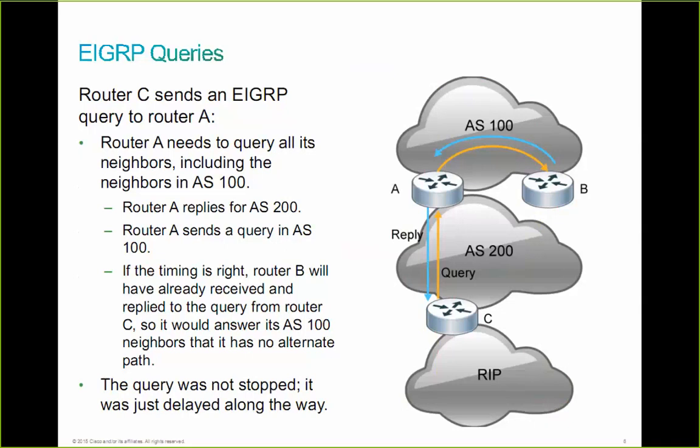I get a query in AS200, I'm going to send that query over to router B in AS100 because I'm a member of both autonomous systems. Make sense? All right. The point that they're trying to make with this particular slide is this last point right here, which is the query is not stopped because I move from one autonomous system to another. It's just delayed, but it doesn't get stopped. All right.